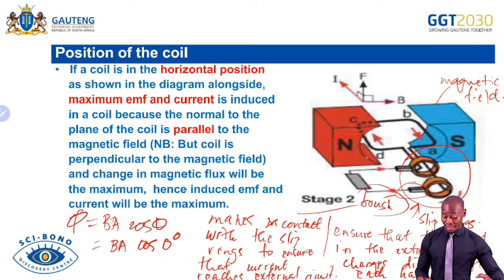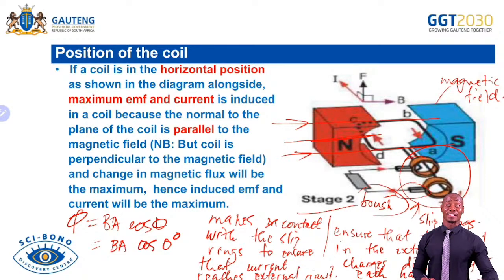So I'm drawing this line perpendicular to the coil, and this is the magnetic field. You can see that the normal to the plane is parallel to the magnetic field. So the magnetic flux will be the maximum. That is very, very important, learners.